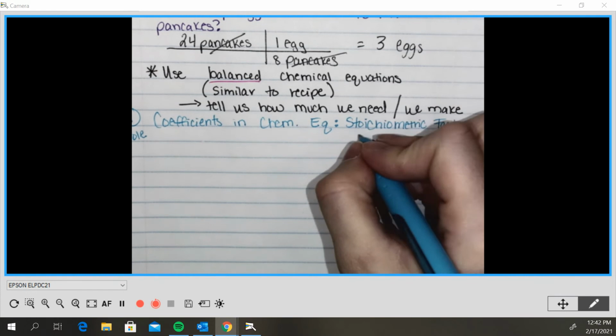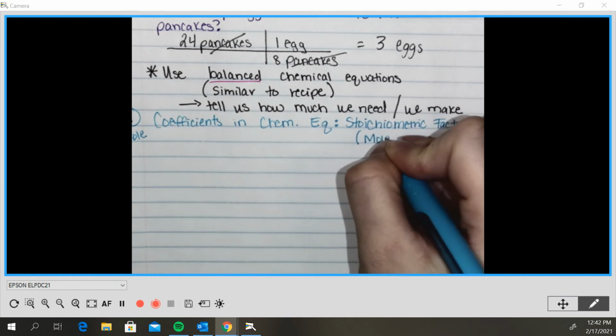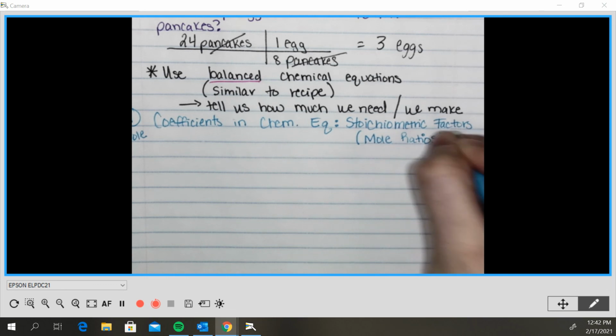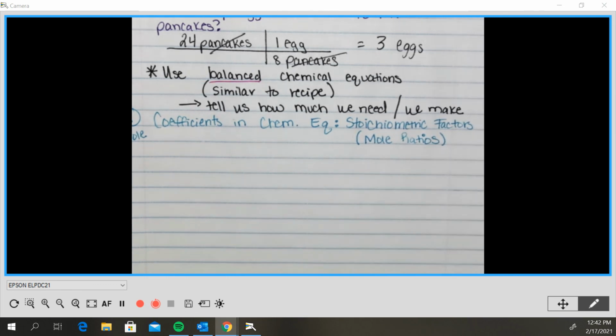Another thing I call them is mole ratios. For those of you who watched the EdPuzzle last week on mole ratios, that was kind of a dip your toe in to what we're learning today.